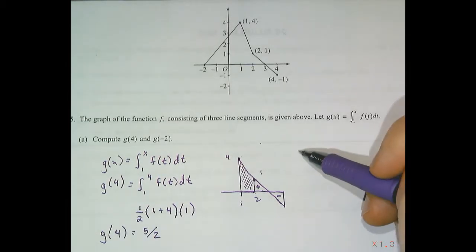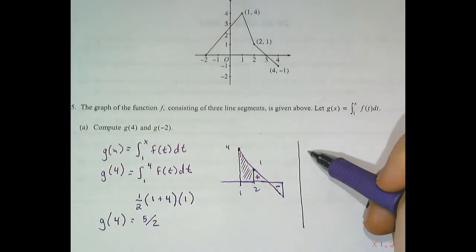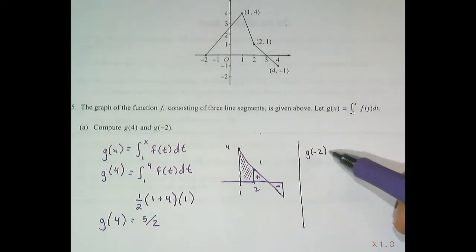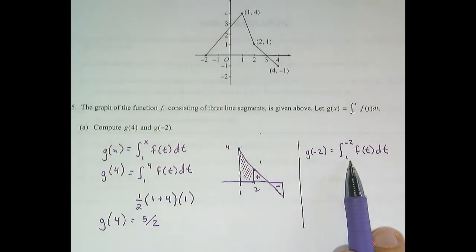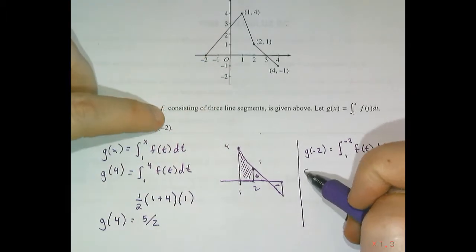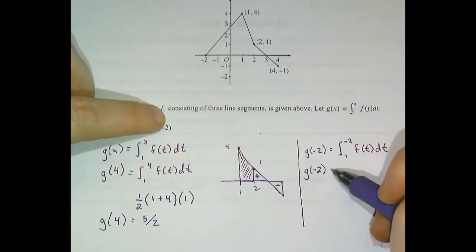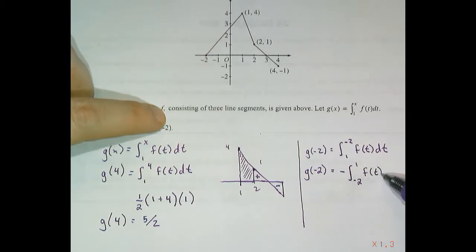The second part of the question asks us to evaluate g of negative 2. So g of negative 2 would be the integral from 1 to negative 2 of f of t dt, which we can calculate going backwards, recalling that accumulated area above the axis would be negative. Or if we wanted to, and I think this is totally acceptable, we can switch the order of the boundaries by making the integral negative.